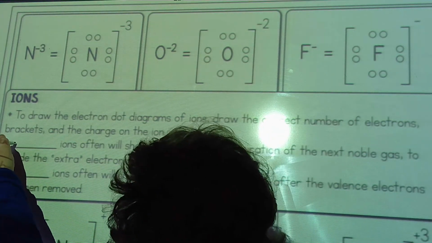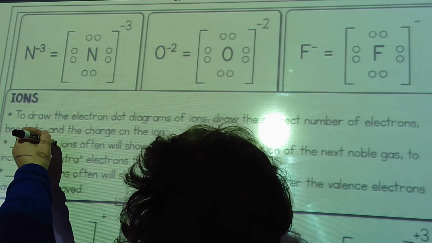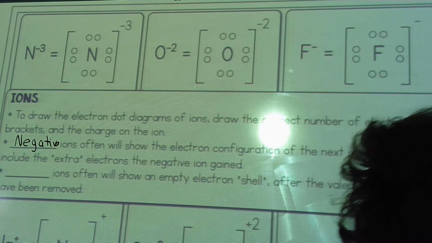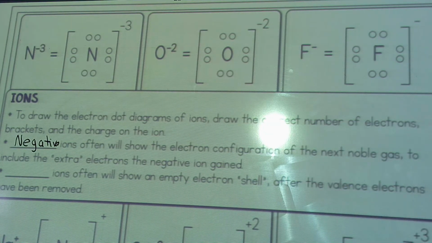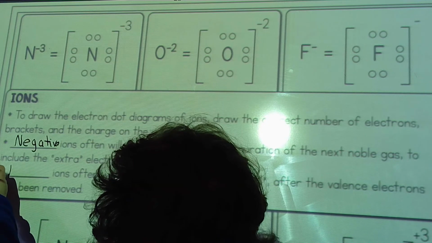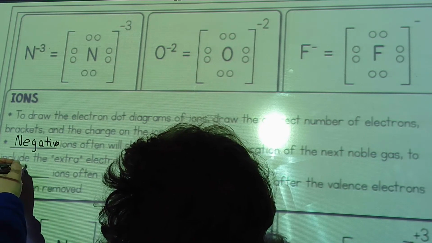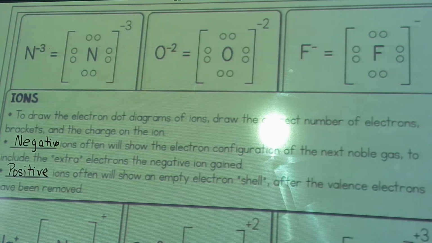Negative ions often will show the electron configuration of the next noble gas. That includes those extra electrons. Positive ions often show an empty shell because remember they have lost the electrons from that shell. So they might sometimes show that it is empty.